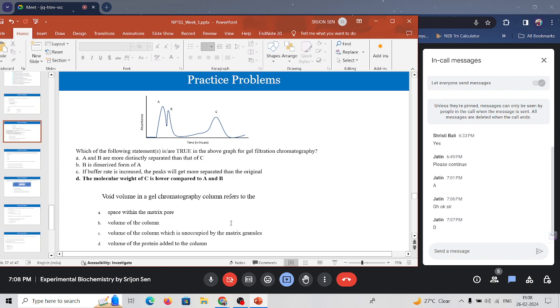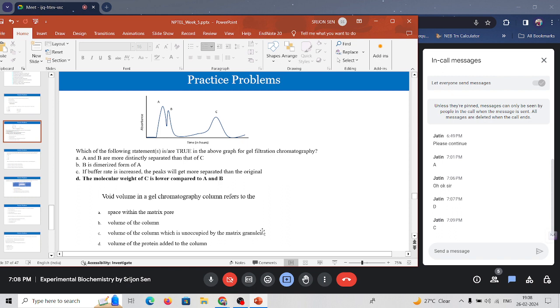Now coming to the next one. Void volume in a gel chromatography column refers to what? Is it the space within the matrix pore, or the volume of the column, or the volume of the column which is unoccupied by the matrix granules, or the volume of the protein added to the column? So what do we call the void volume? Yes, very good.